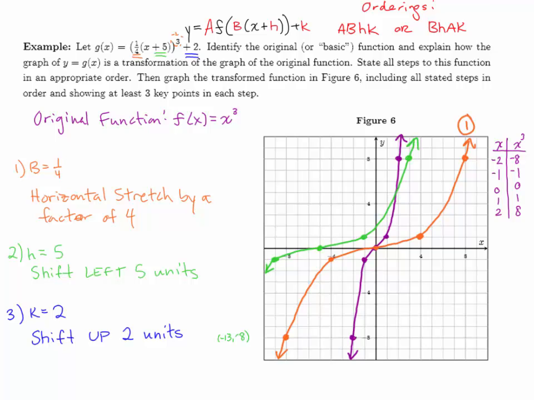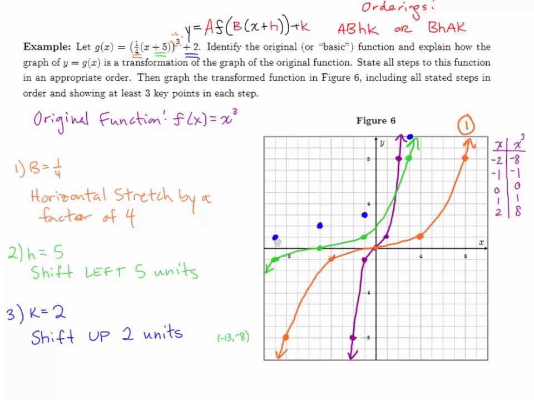And then for my last step, I'm going to shift up 2 units. So I'll start on the left here, and this point negative 9, negative 1 will shift up 2 units, and I'll be at negative 9, positive 1. Negative 5, 0 will shift up to negative 5, 2. And negative 1, 1 will shift up to negative 1, 3. And then this point 3, 8 will shift up to 3, 10.